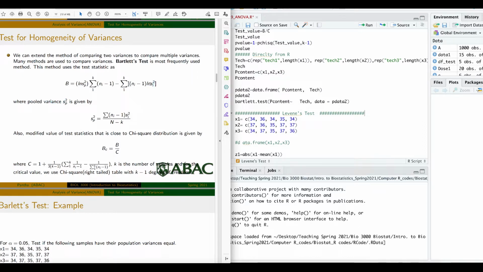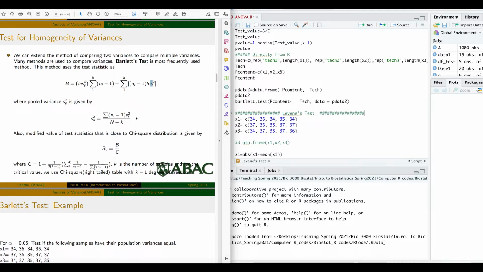For each group, you find the sample variance, take the natural log, multiply by the degrees of freedom, that is n_i minus 1, and add that for all of the groups. Here n_i minus 1 is the sample size minus 1 for each sample.